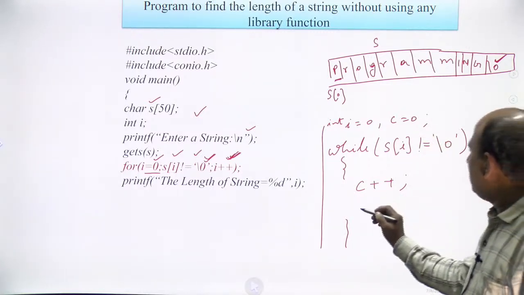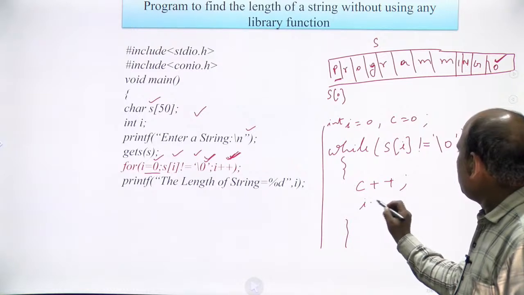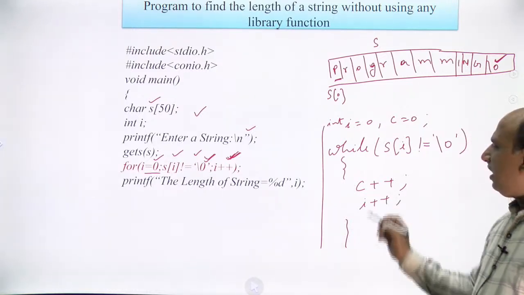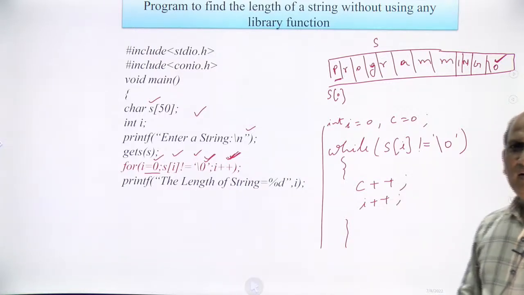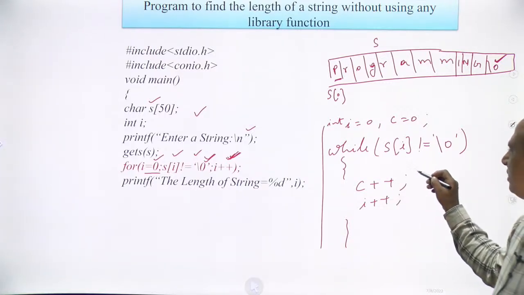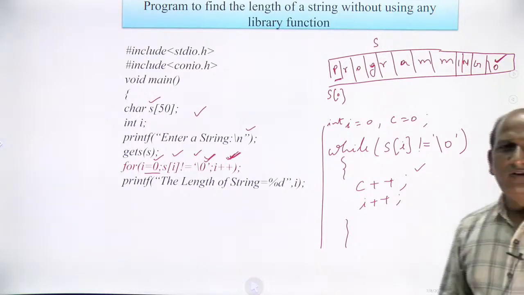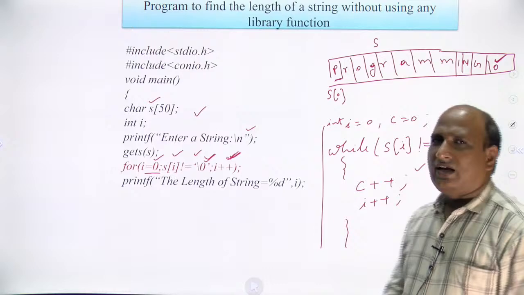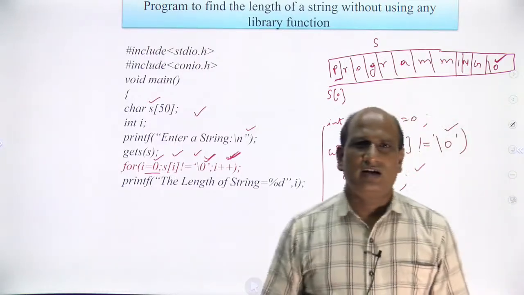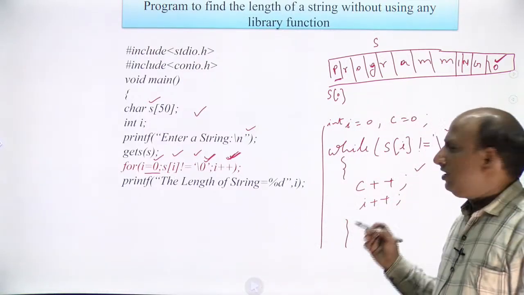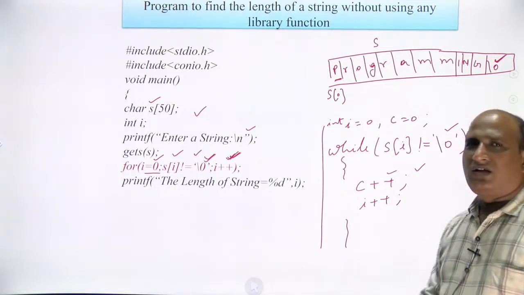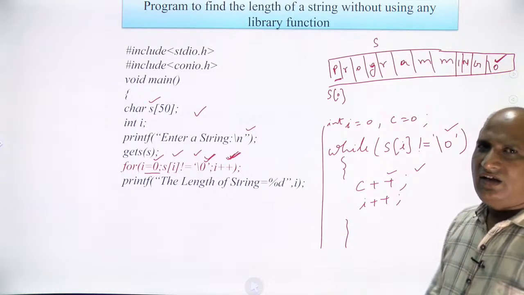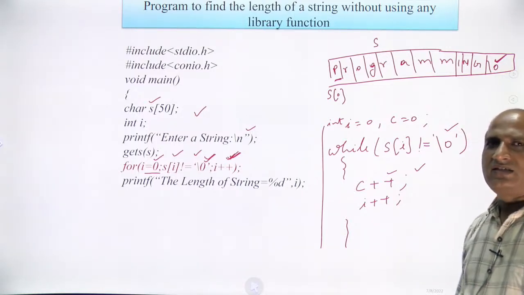Then I will iterate this loop variable i, and this way i will keep on being incremented, and this counting will keep on going. Until the '\0' null character is found, the loop will increment this counter variable, and this way you can count the number of characters in this string s.